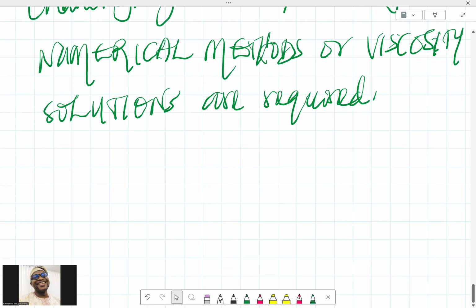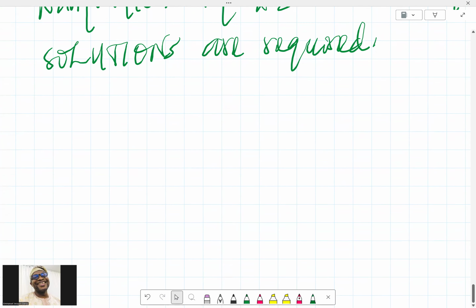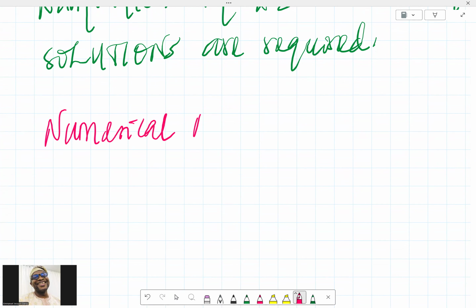So here, of course, we are going to resort to numerical methods because it's not that easy. There's no closed form way of going about it, like the method of characteristics that we've been using.